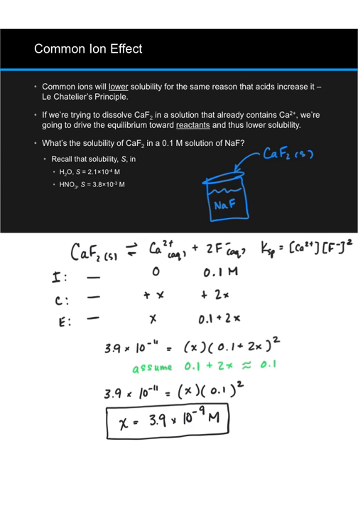So the molar solubility with common ions in place and NaF is equal to 3.9 times 10 to the minus 9. The effect of a common ion, by Le Chatelier's principle, inhibits this reaction from going forward as much as it did in the 2 previous examples, in pure water and in acid solution.